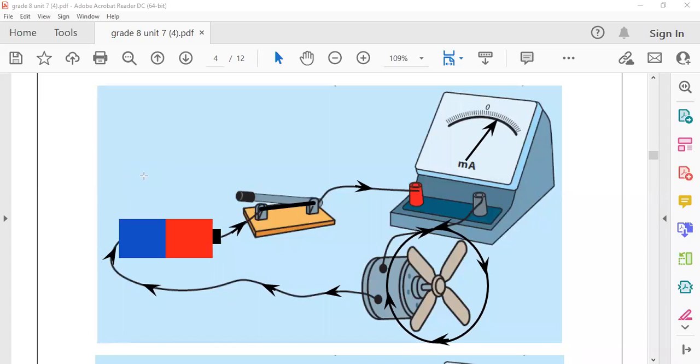Okay. Can you complete this diagram on your answer sheet? Yes, sir.